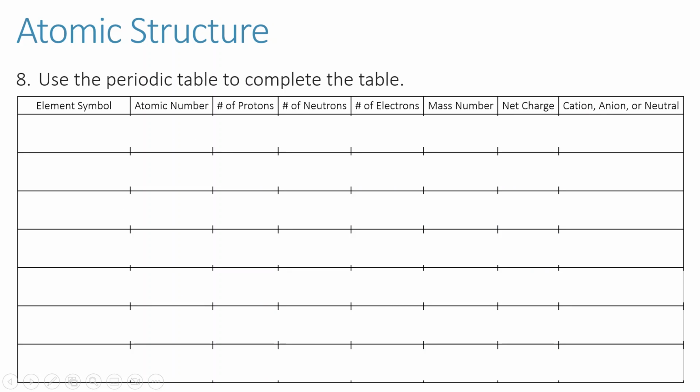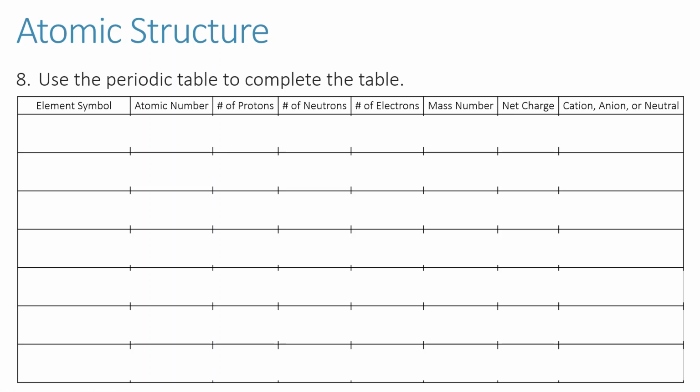Question 8 here. You're going to use the periodic table, and this is going to put together everything that we talked about for atomic structure. You're going to give the element symbol, atomic number, protons, neutrons, electrons, mass number, charge, and tell me if it's a cation, an anion, or neutral.